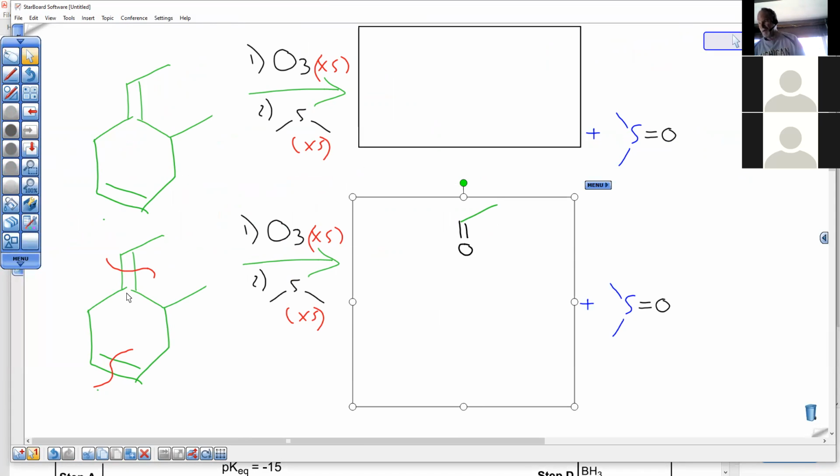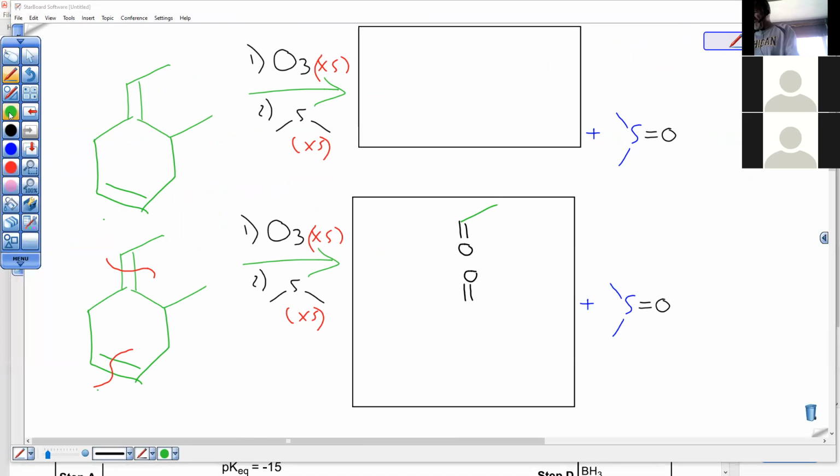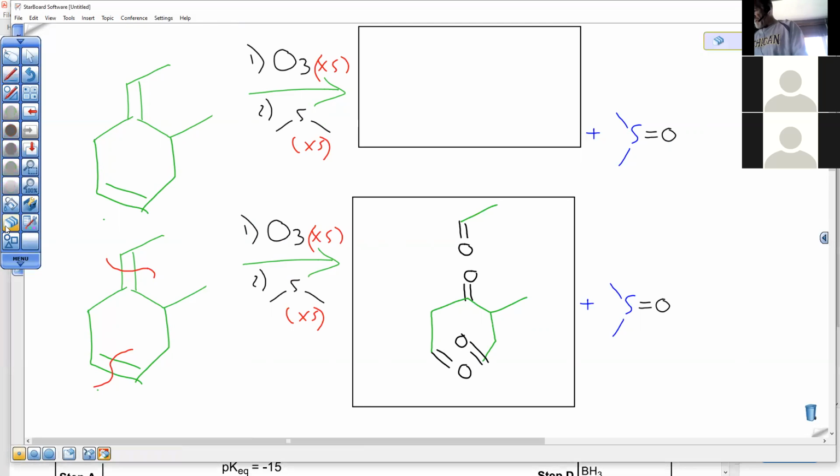Down here, that carbon also has a double bond to O. The ring is not intact anymore because over here, the ring broke right there. And the carbon over here went down to a carbon that has a double bond to O. It's not a separate molecule, but they're no longer connected to each other down there. And that's what we have right there.